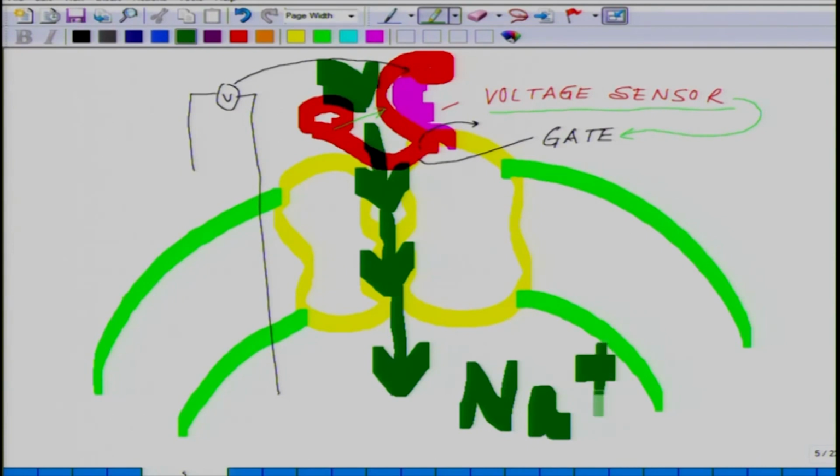Okay. So, these ports that we are discussing here are fairly specific.